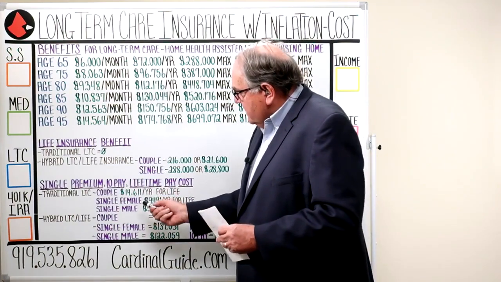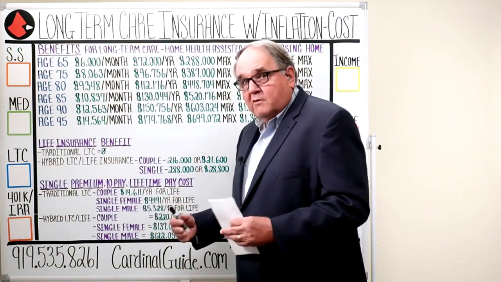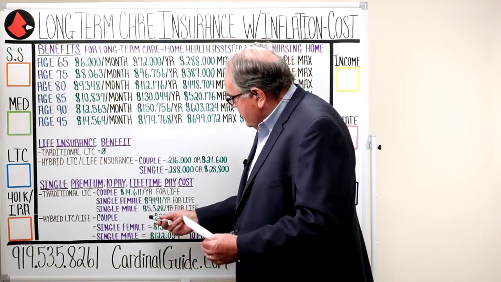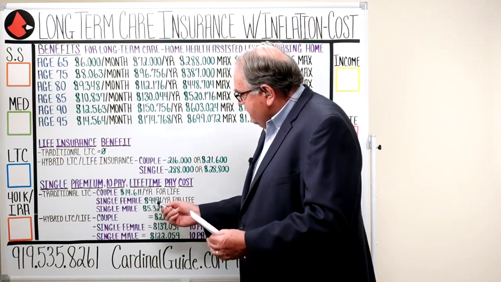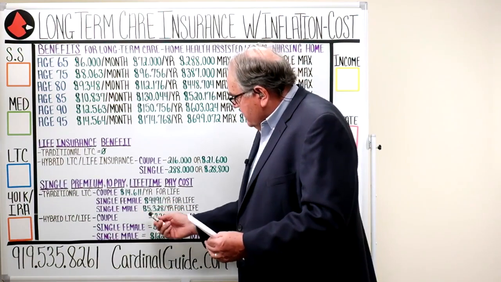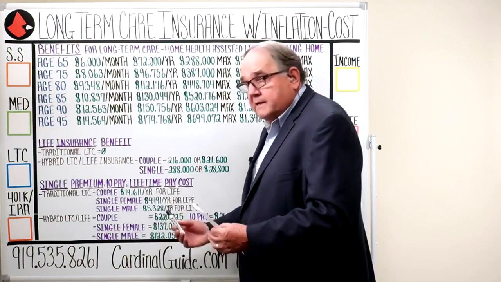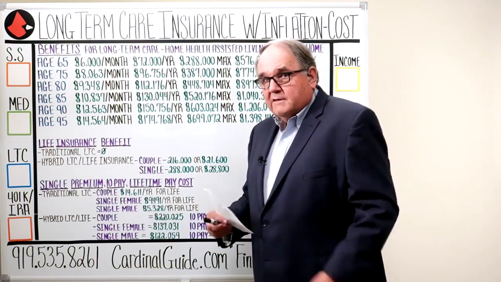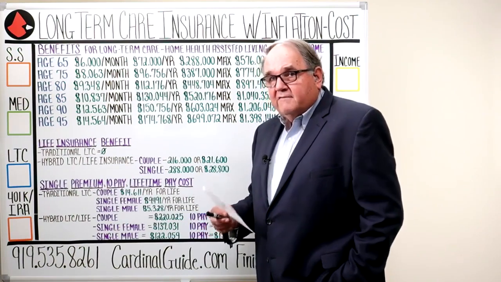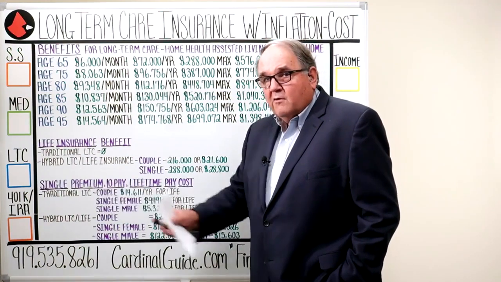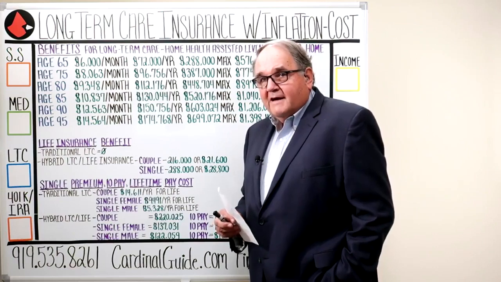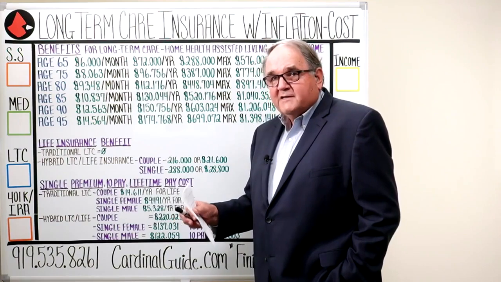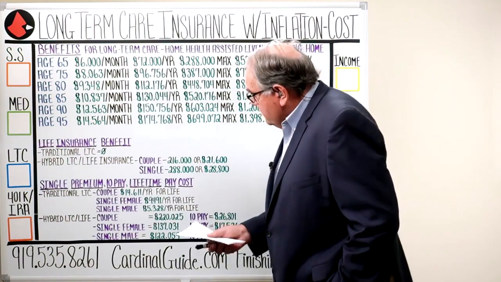If we break the policy into two policies, or we have a single person, single female, single male, age 65, the female is $9,491 a year, and the male is $5,328. Big difference, and there's just a greater chance of females using it and using it for the whole period of time that the policy's there. So the ladies' portion of that is significantly more than the man's.